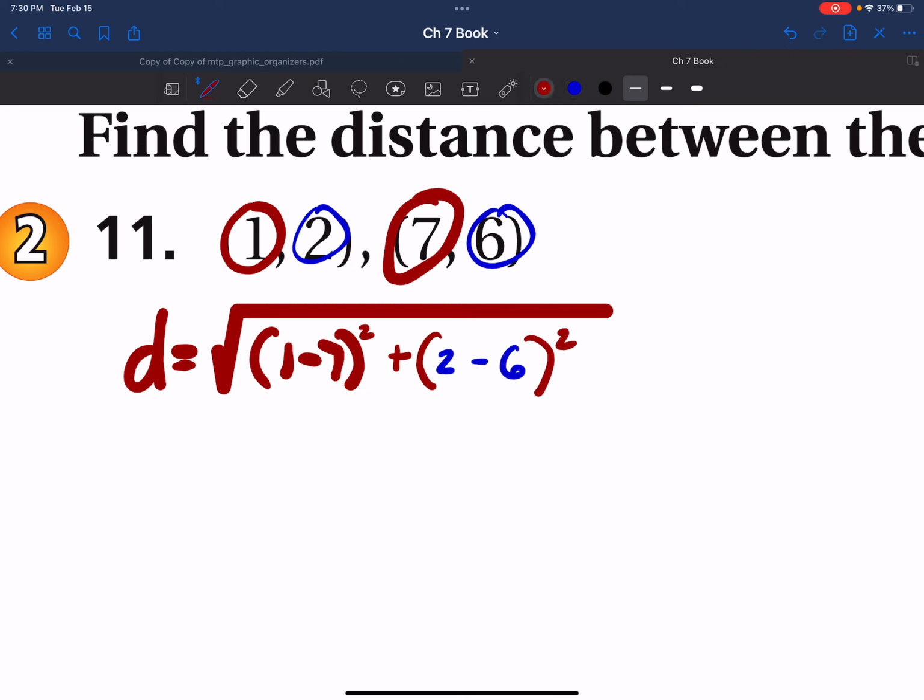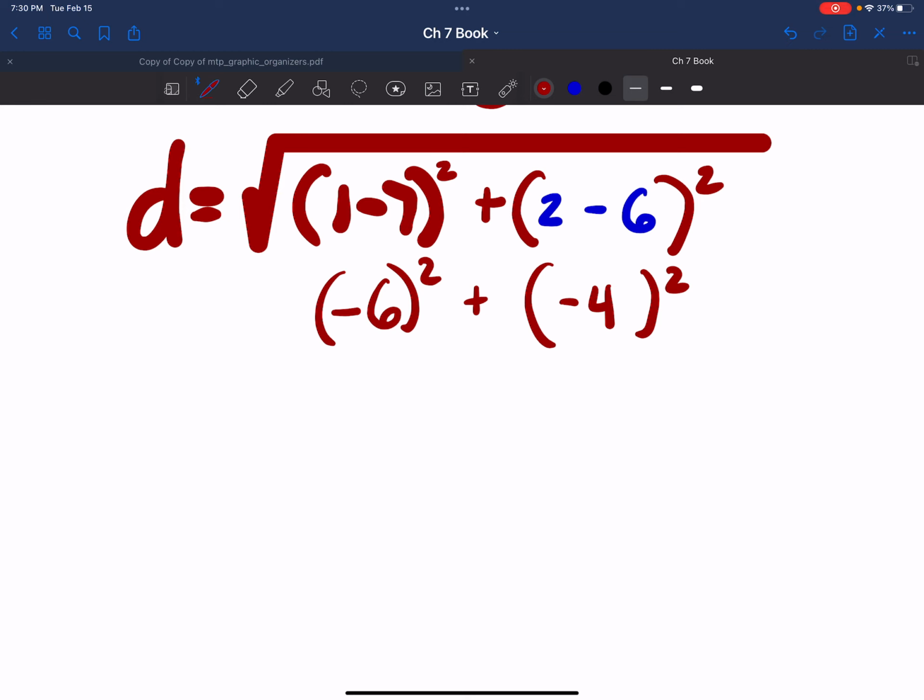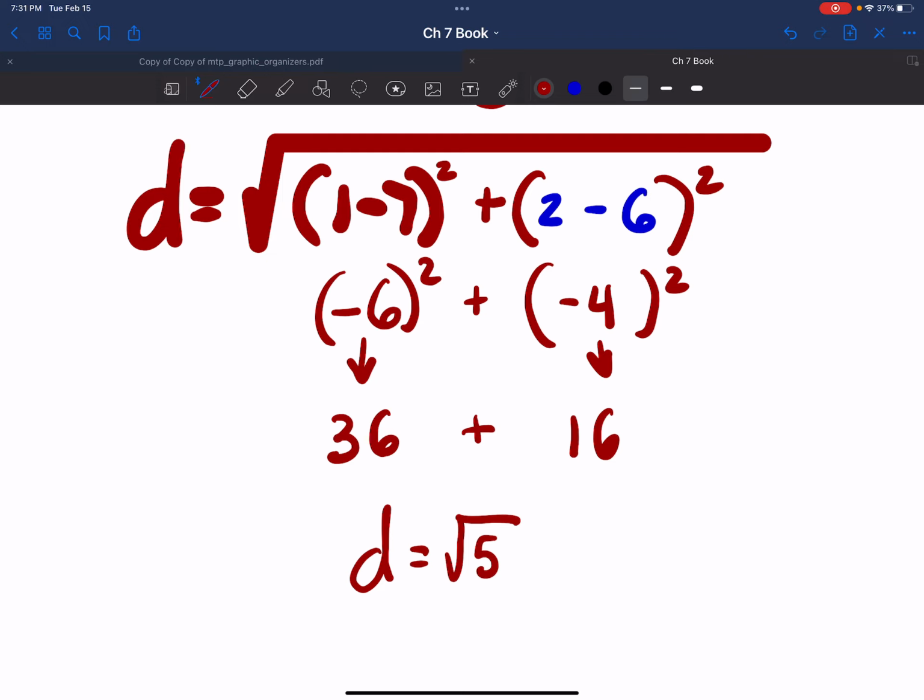Okay, now we just do what's in the parentheses first. 1 minus 7 is negative 6. 2 minus 6 is negative 4. Since these are in parentheses, that actually means negative 6 times negative 6, which would be a positive number. So that's 36. Negative 4 times negative 4 is positive 16. 36 plus 16 is 52. Now don't forget, we got that square root up there. D equals the square root of 52.